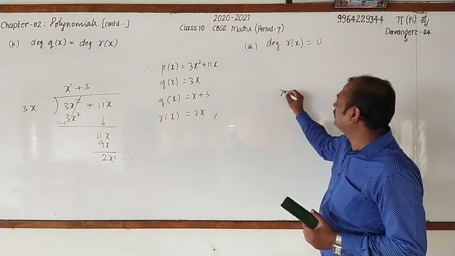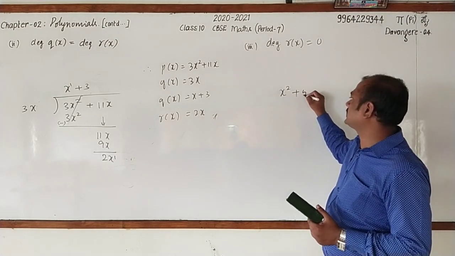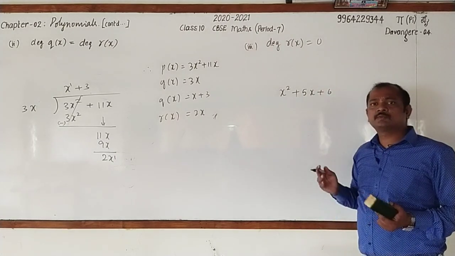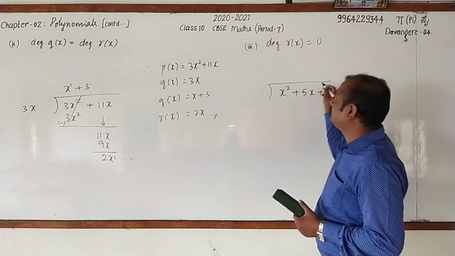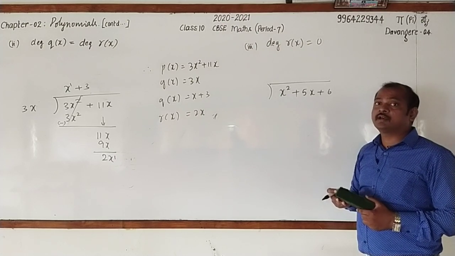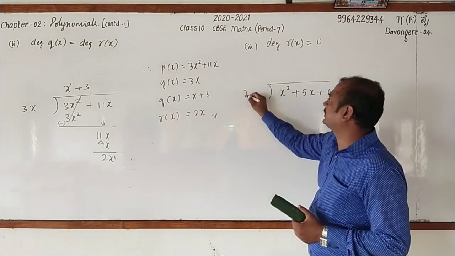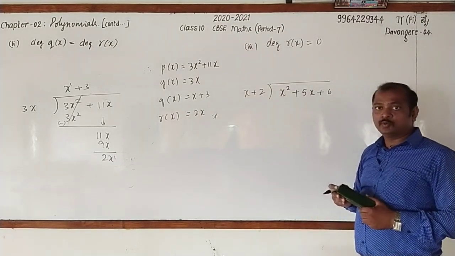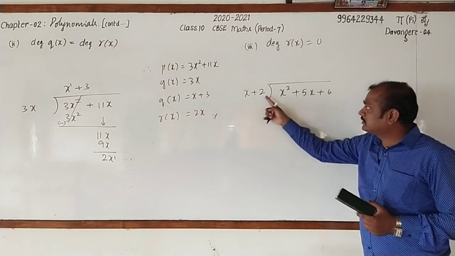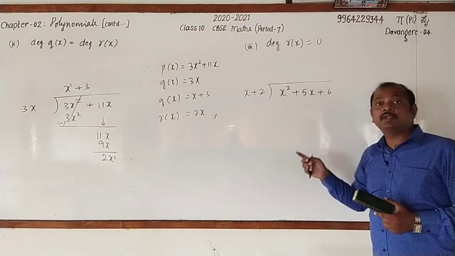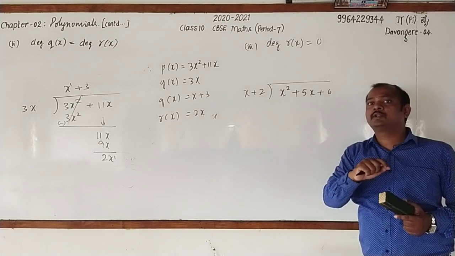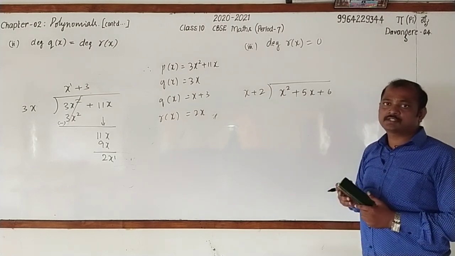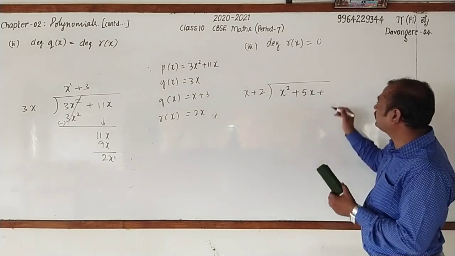Then again, you can go for taking this x square plus 5x plus 6. It is very familiar to us. And you know that its factors are x plus 2 and x plus 3. Anyone can be taken, x plus 2. But as x plus 2 is a factor of this, the remainder will be 0. We want remainder as any constant other than 0. Hence, I go for changing this.